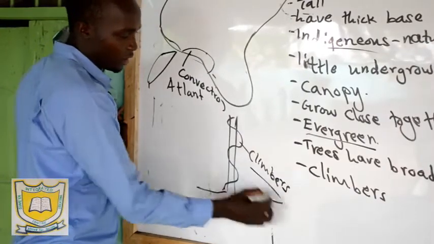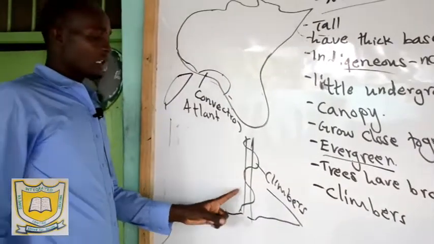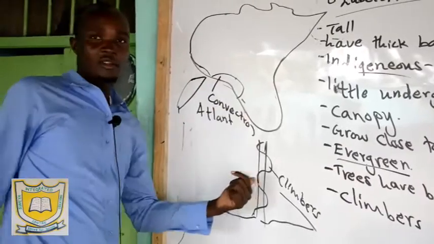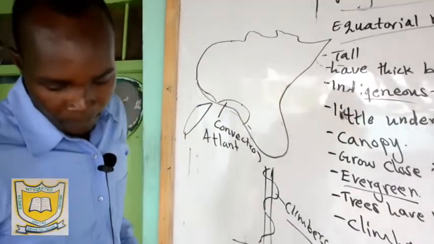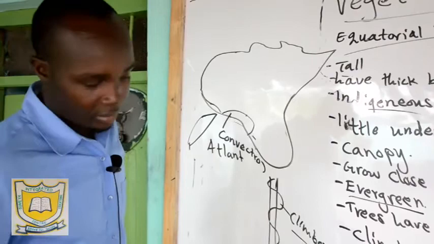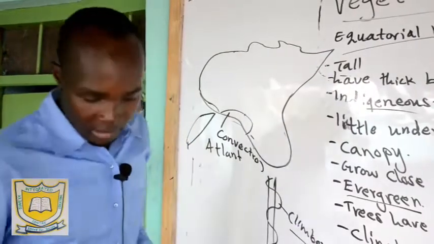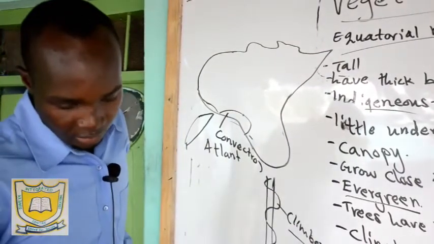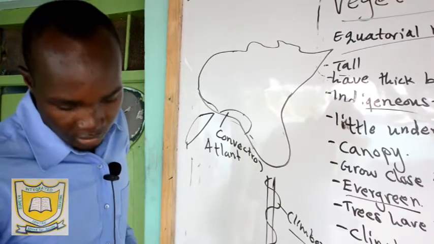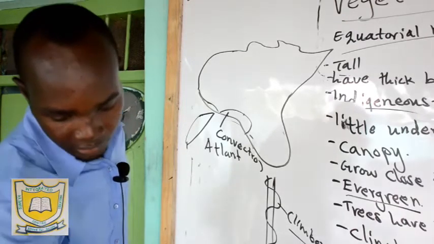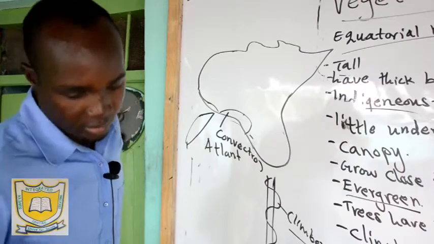So when you go to this forest, you'll find trees that climb on each other like this in the equatorial forest. The trees also form a canopy, we have said. I think that's all about the trees. We are finished with the equatorial forest.